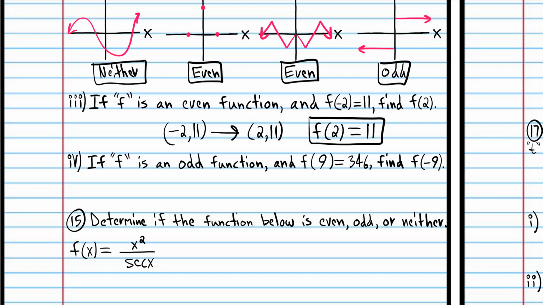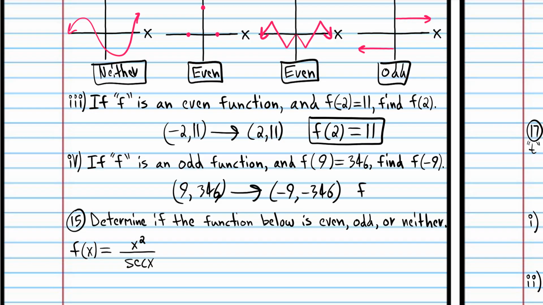Okay, so if f is an odd function and f of 9 is 346, find f of negative 9. So if it's an odd function, that means that if we have the point 9, 346, which this information tells us, we should also have the point negative 9, negative 346.